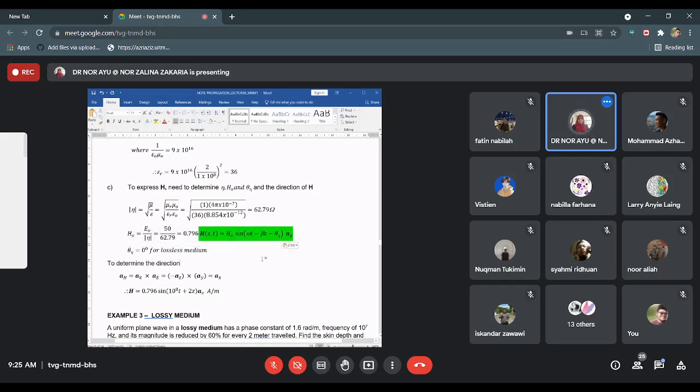Okay, so please correct your equation. So H(z,t) equals H naught sin omega t minus beta z minus theta n. So please correct your equation.